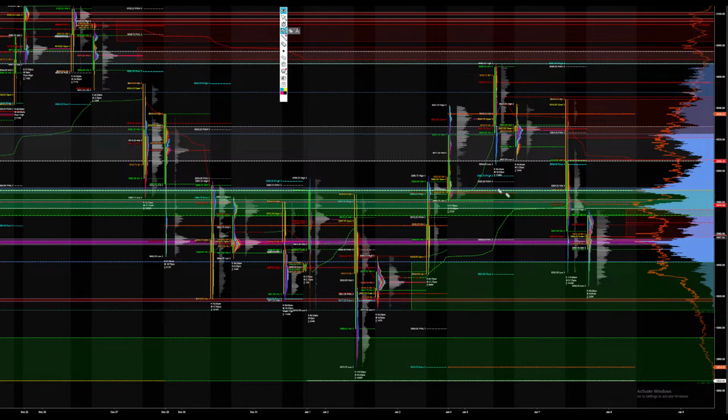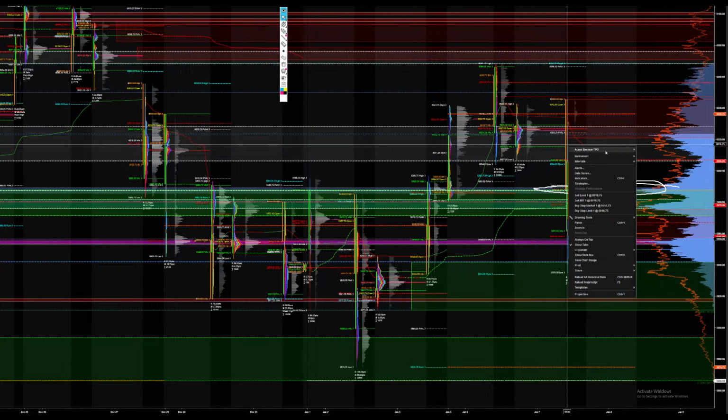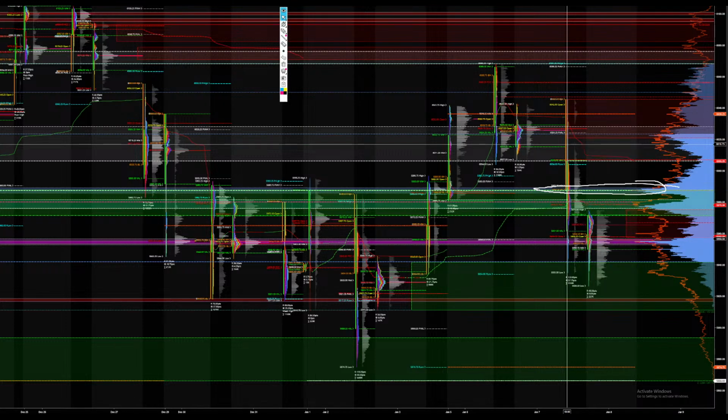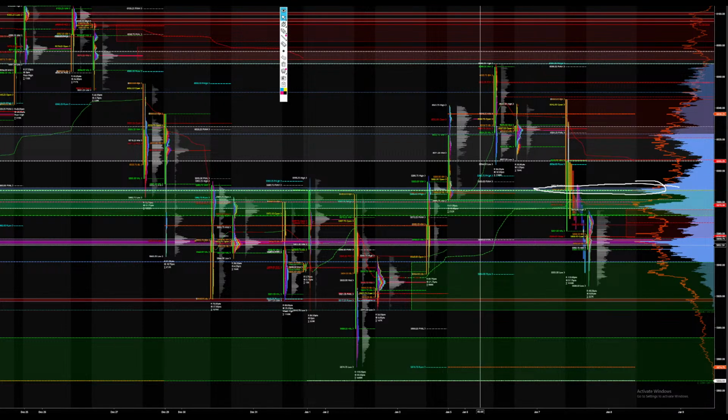Yesterday, the most traded price of the week was 59.87 right here. Now I'm going to split this out so I can show you what I was looking at. We opened, and this is called an open test drive lower.